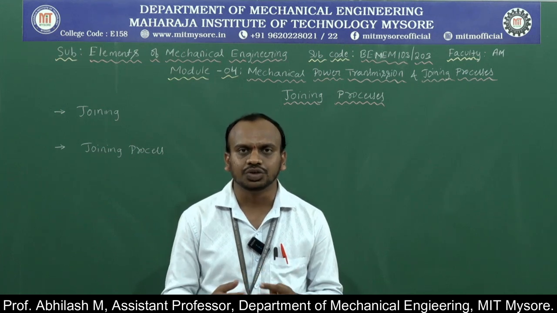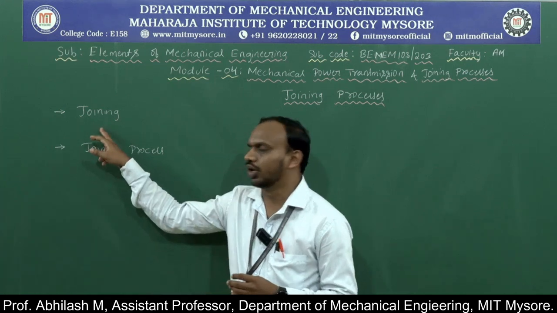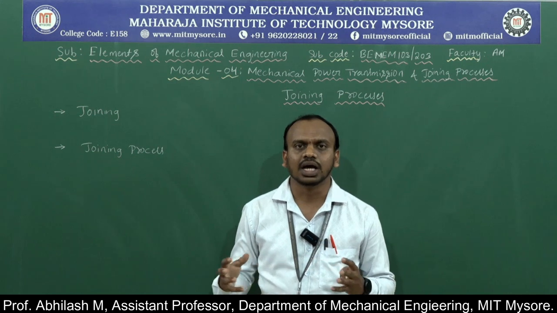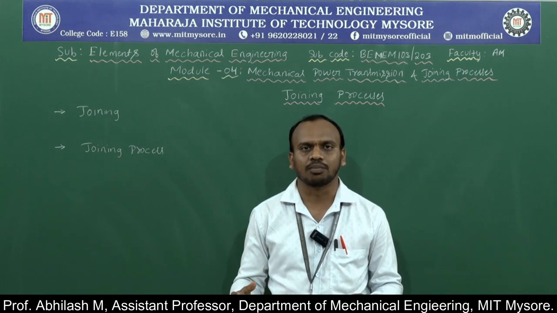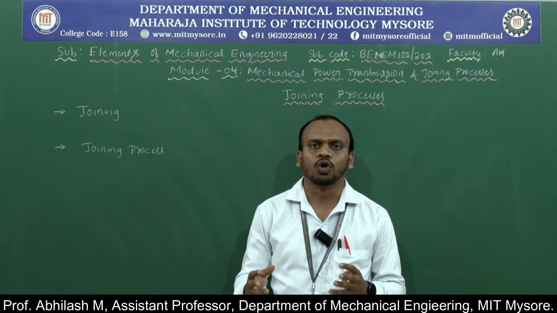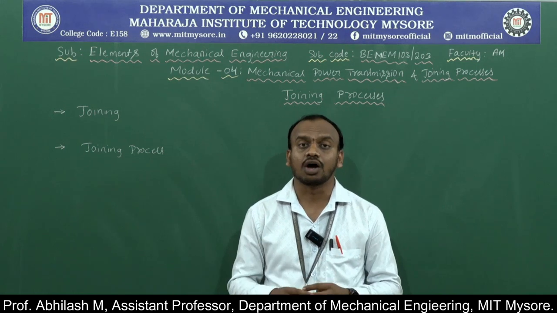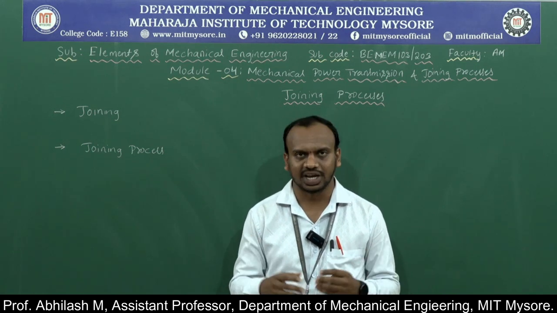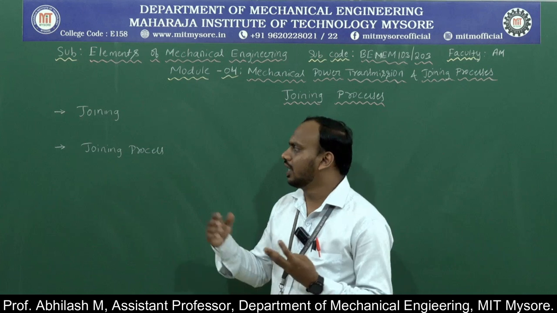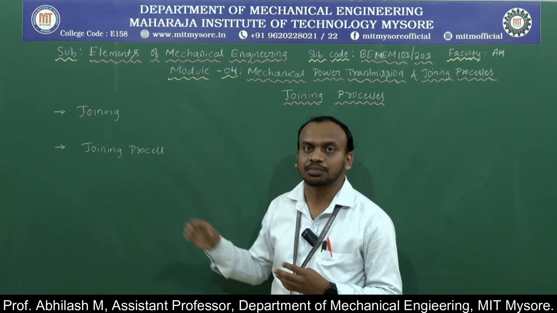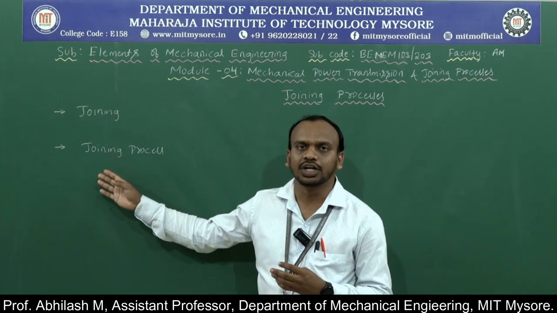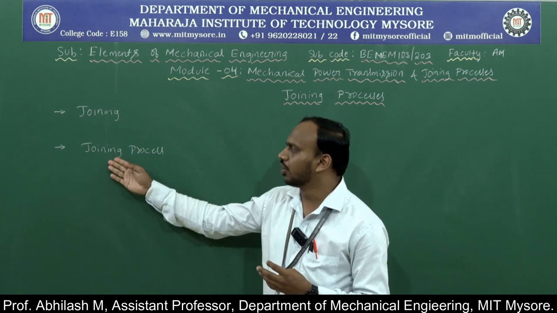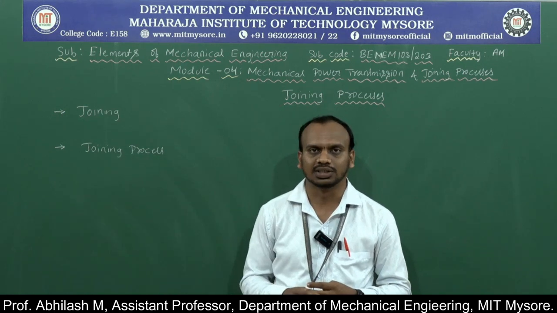So we have understood what joining is. Joining is nothing but combining individual components in order to obtain a homogeneous component of desired size and shape. The process that is used to join two or more components, we call a joining process.